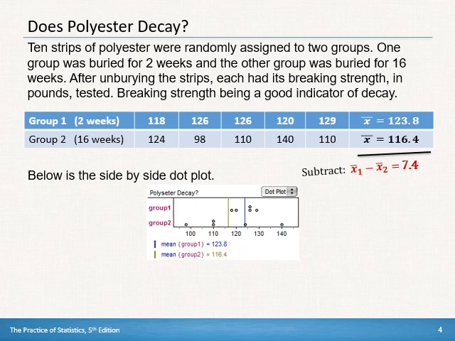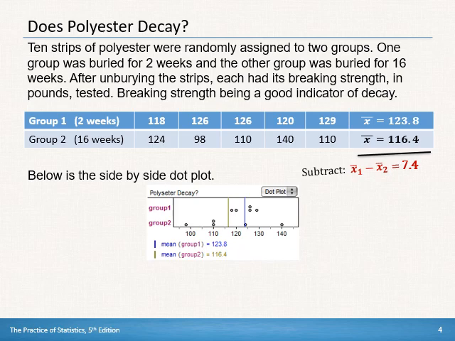And we can see visually, group one is the upper group, and group two is the lower group. You can see that group one indeed does have a higher breaking strength. It's the group that was buried for 2 weeks, and group two, buried for a longer time, took less force to tear them apart.